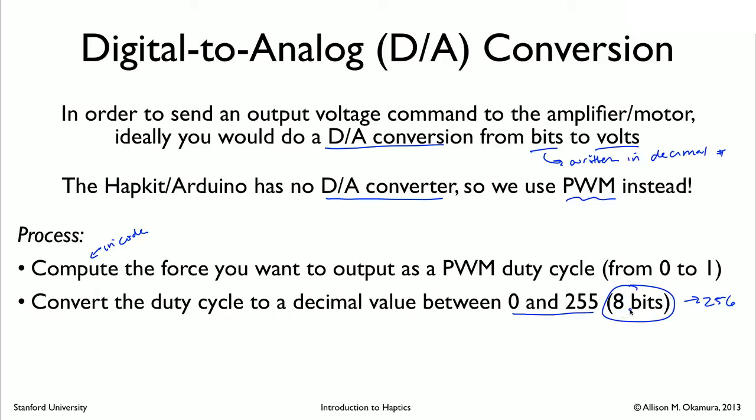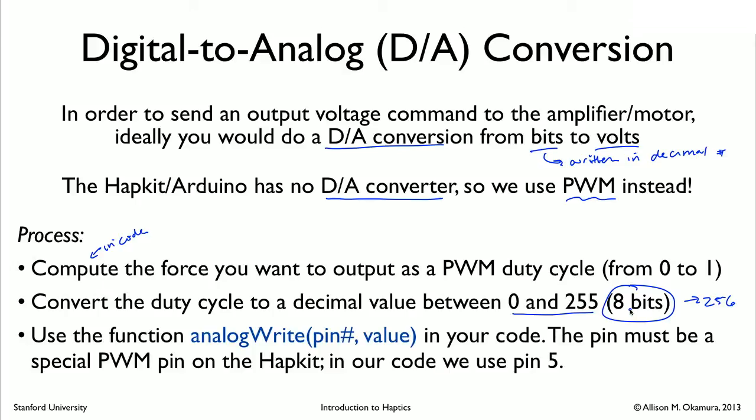All right, so in your code, you have to actually use a function in order to write that output. Once you've computed that decimal value representing a resolution of 8 bits, you have to use a function, in this case analog write, where now you specify both the pin number and the value that you want to output.